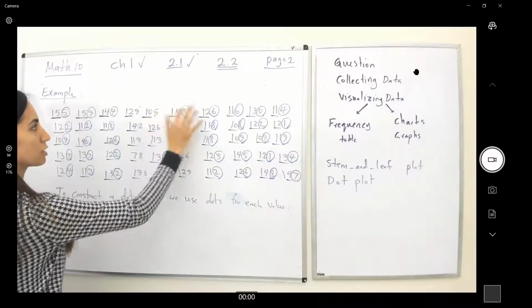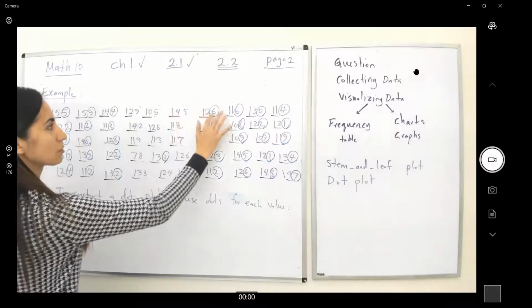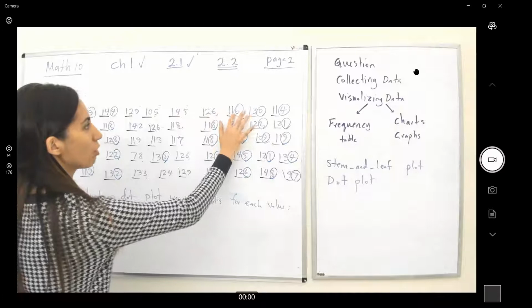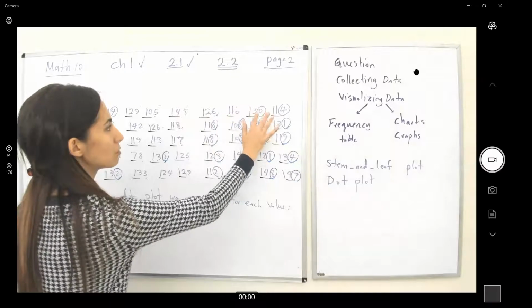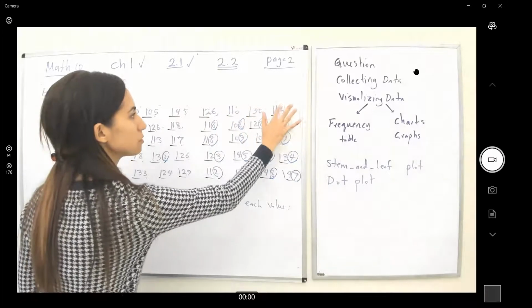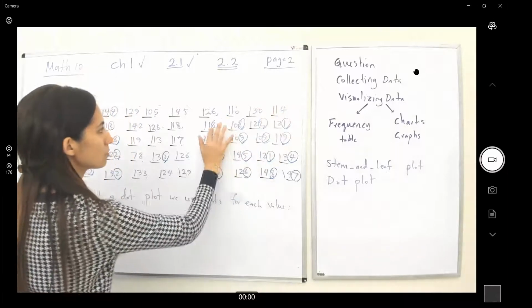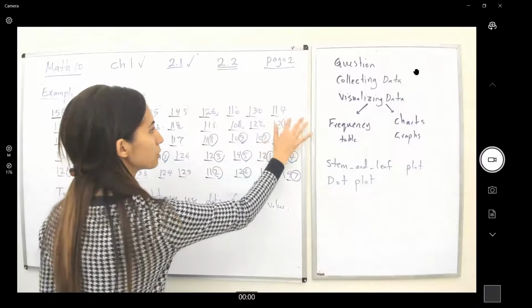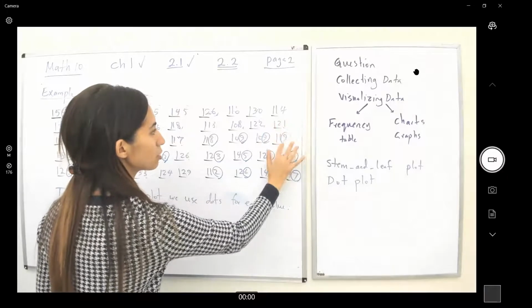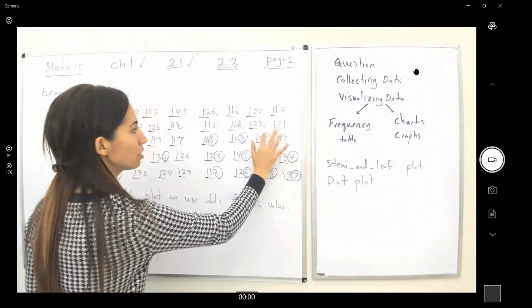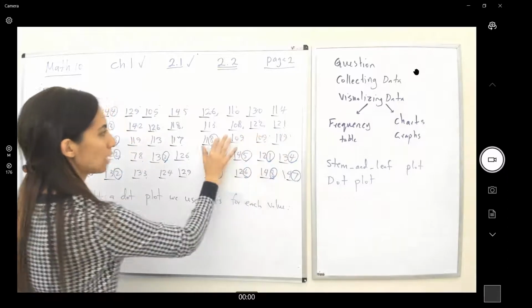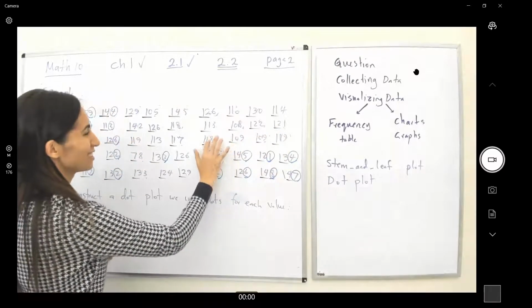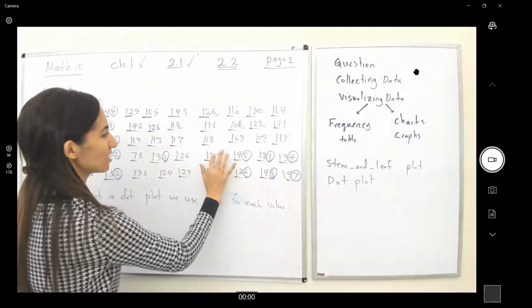I'm just erasing these circles, because these are all numbers. We don't need these circles representing these numbers. We're just going to use the actual numbers and dots to visualize the data.